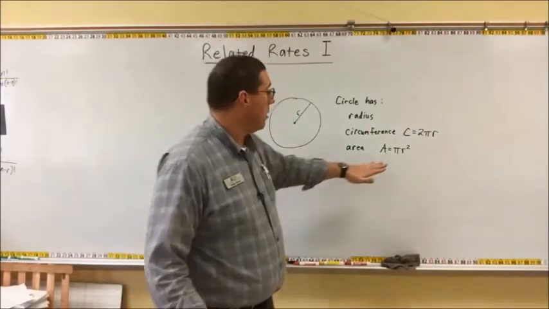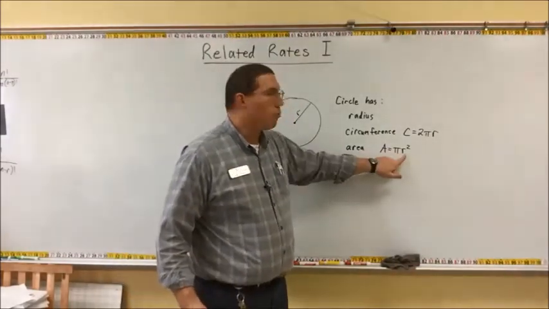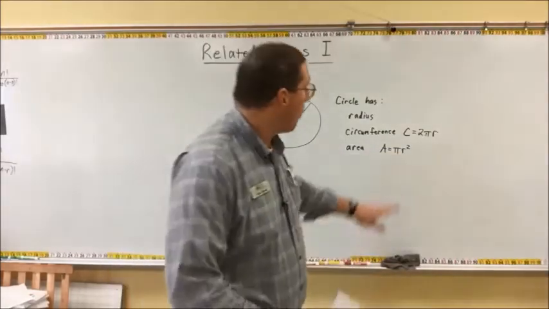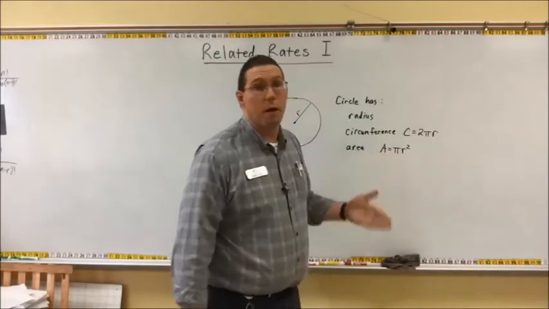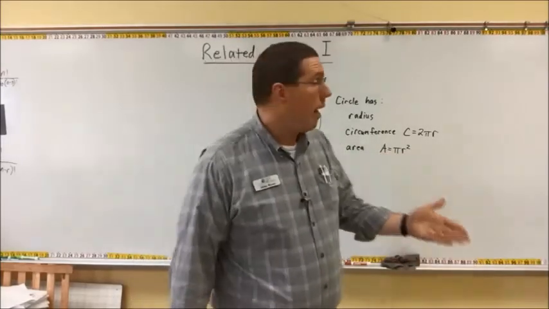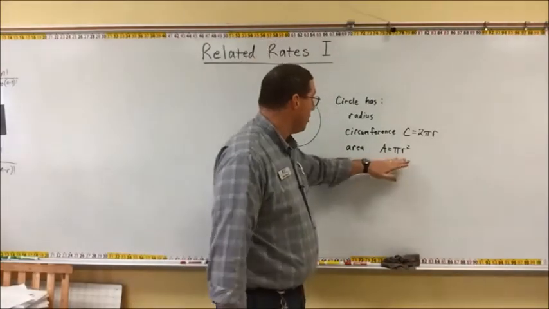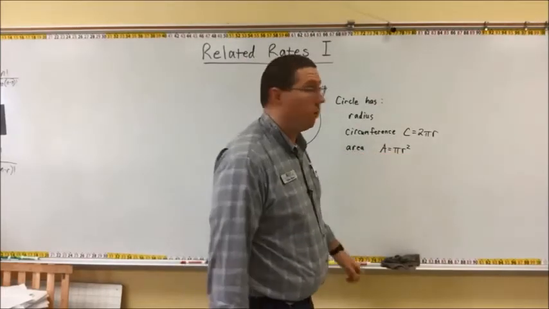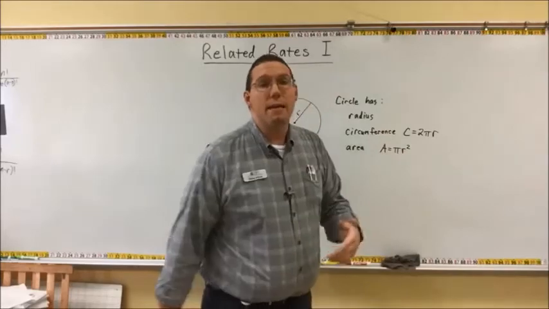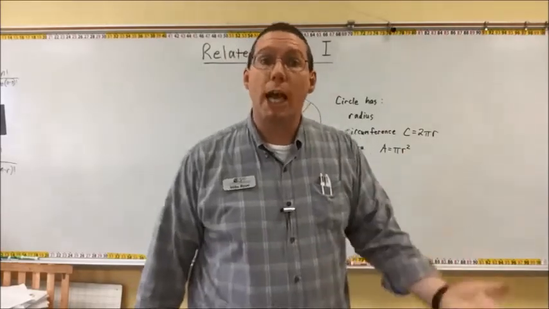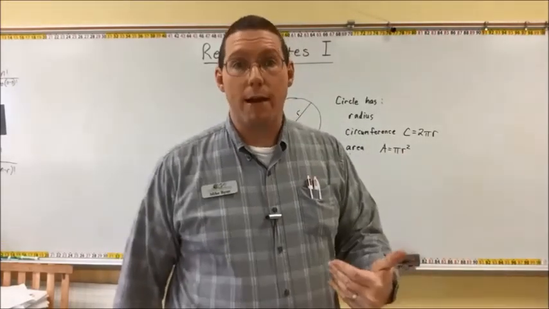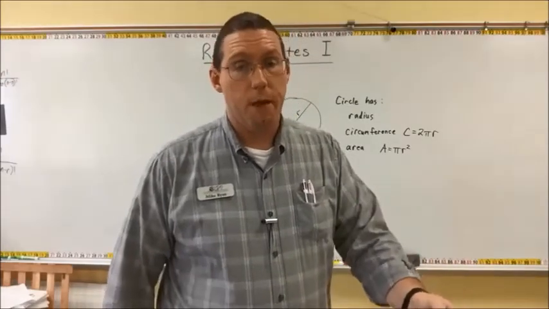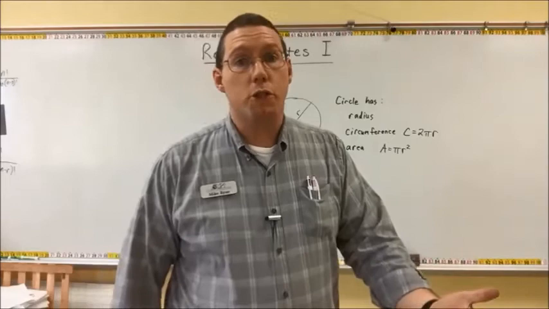Okay? Similarly, here with area, let's say the radius was changing. If the radius gets larger, the area will get larger. And that's just the nature of the relationship between area and radius with a circle. So, as the radius gets larger, it's changing. And because the radius is changing, it has a rate of change. The area is also changing.